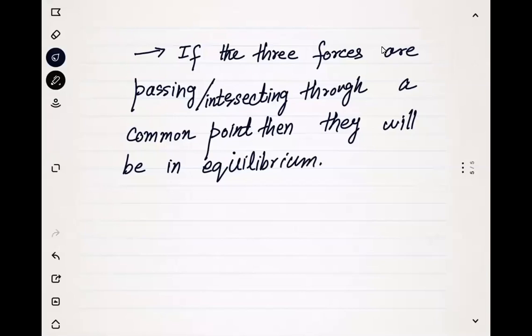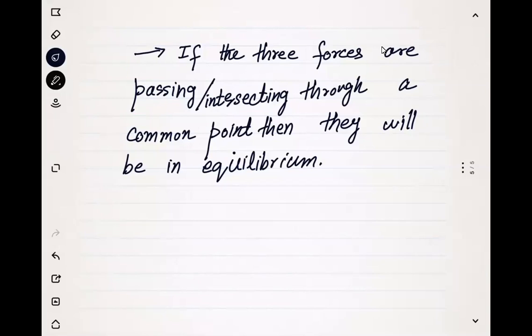So three forces will be in equilibrium if they are passing or intersecting through a common point. If they are intersecting at a common point, then they will not generate any net moment.